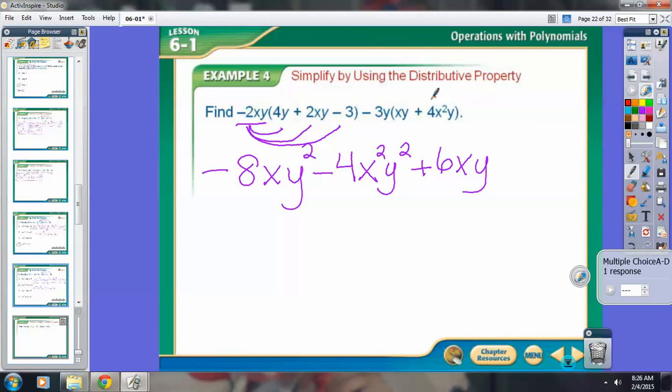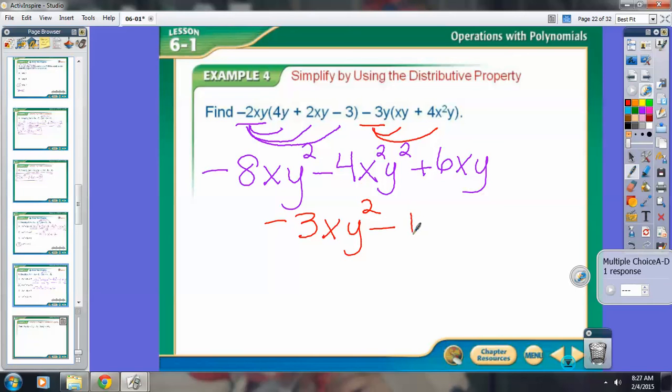And the next parenthesis, I'll distribute my negative 3y. I'm out of room here on the top line, so I'll have to make it go down to the second line. Negative 3y times xy is negative 3xy squared. Negative 3y times 4x squared y.